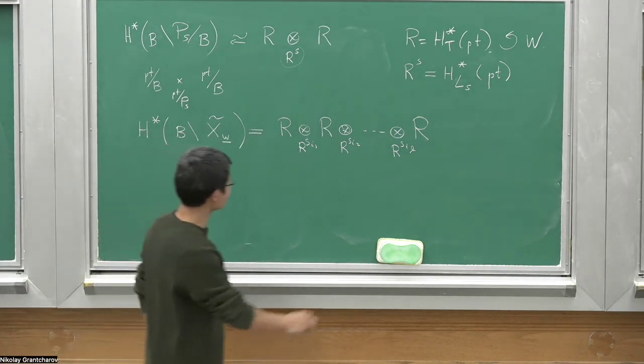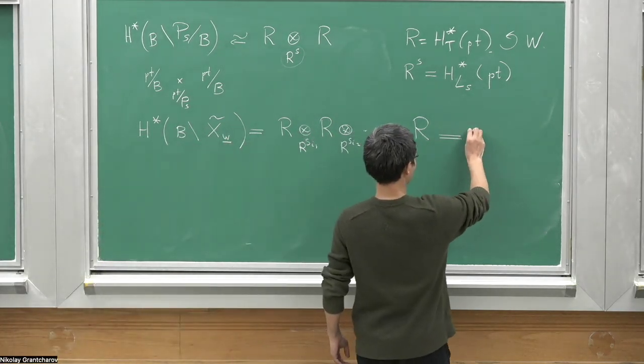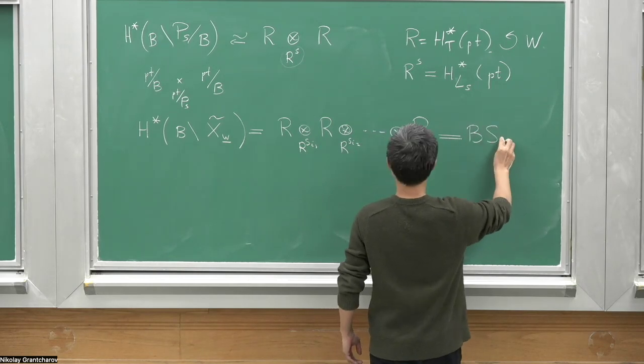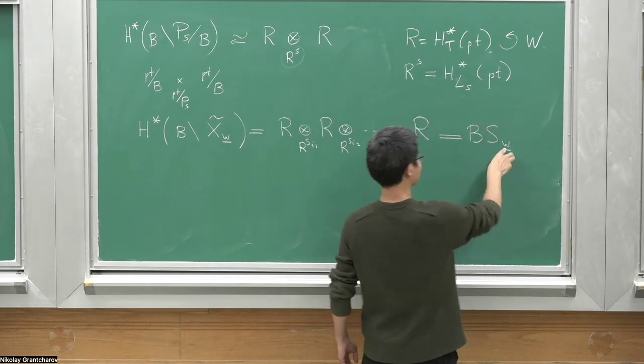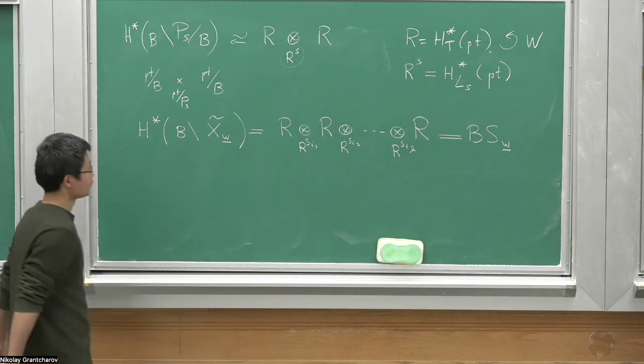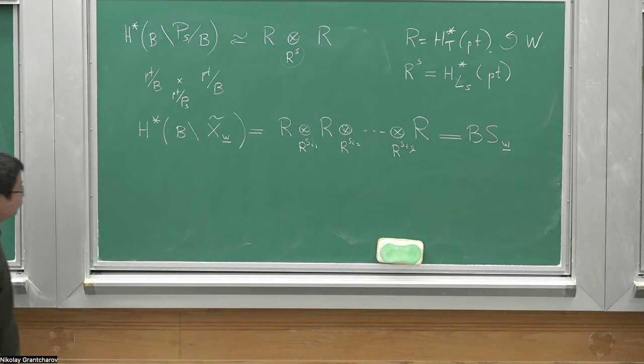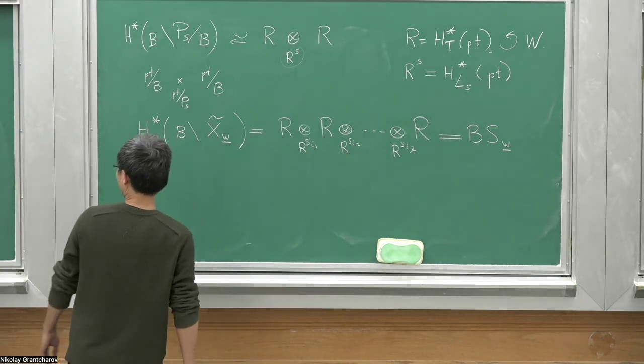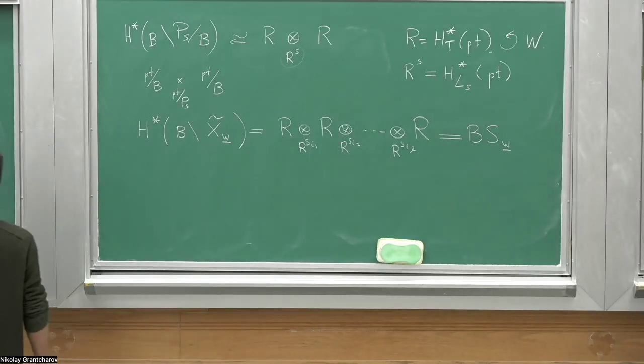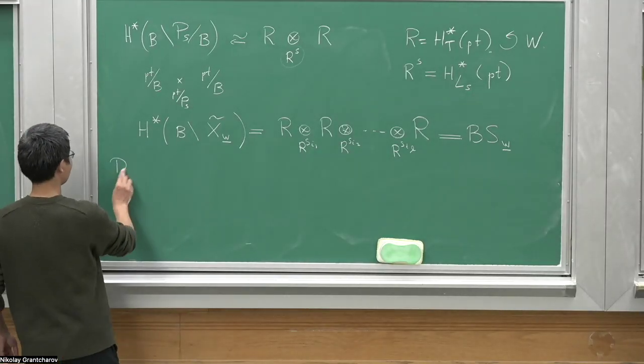So this is what's called the Bott-Samelson module for this sequence of simple reflections.